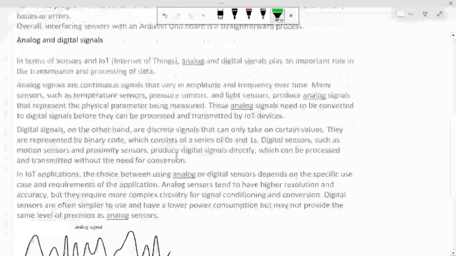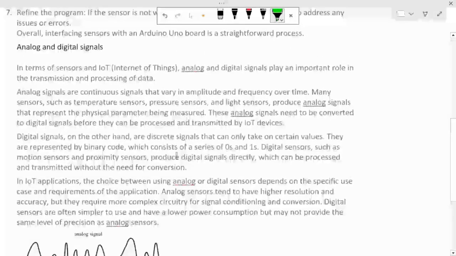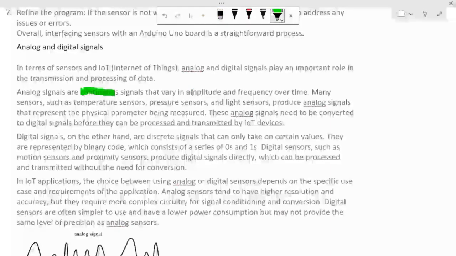Now let's see analog and digital signals. In terms of IoT, analog and digital signals play an important role in transmission and processing of data. Analog signals are continuous signals. Please remember this word, continuous signals, that vary in amplitude and frequency over time.